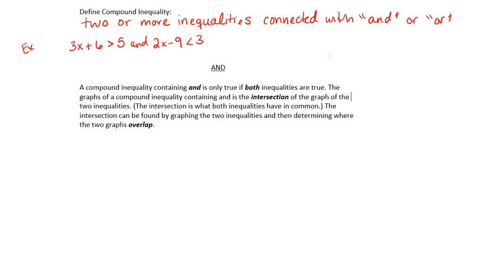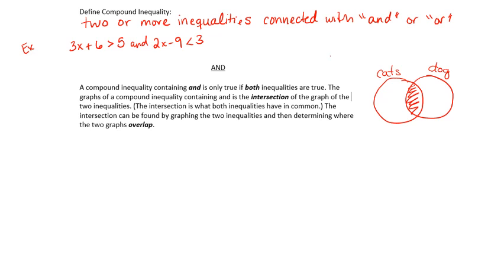So if you have an and in between your inequalities, your solution is only true if both inequalities are true. It's called the intersection. It's kind of like this: here's people who love cats, people who love dogs, and then there's people like me who love cats and dogs.